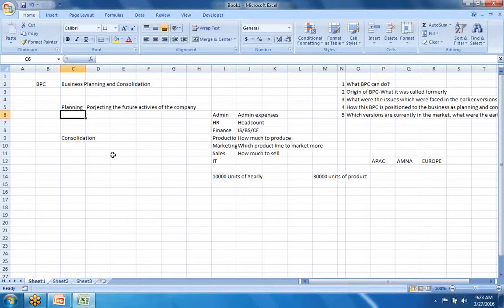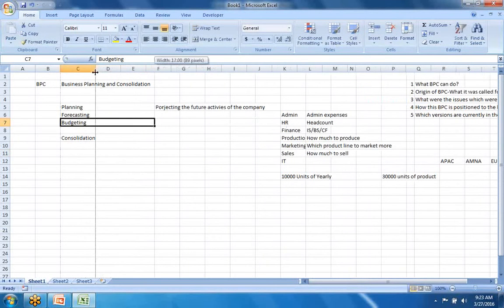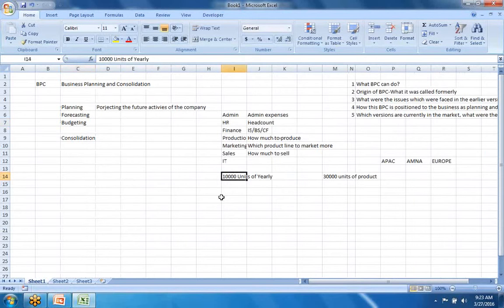Other terms associated with planning are forecasting and budgeting. If I am manufacturing 10,000 units yearly and my plan is to manufacture and sell 30,000 units, I may end up incurring more cost. Budgeting is top-down in nature, where higher management puts a slab on me, saying run the entire show with this much amount.